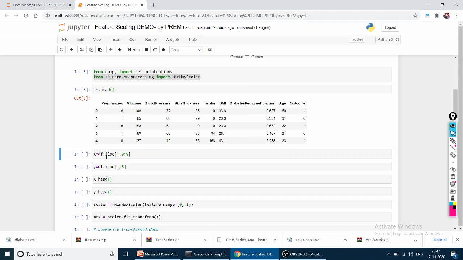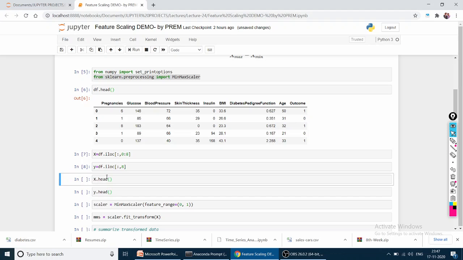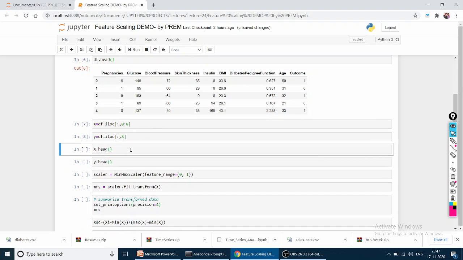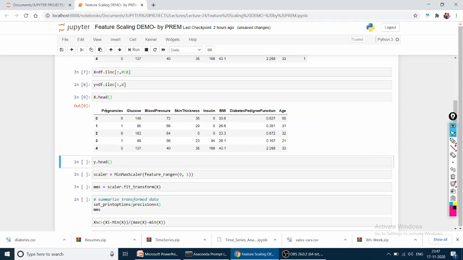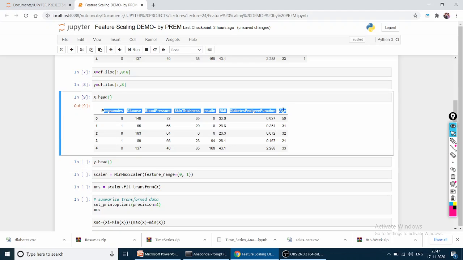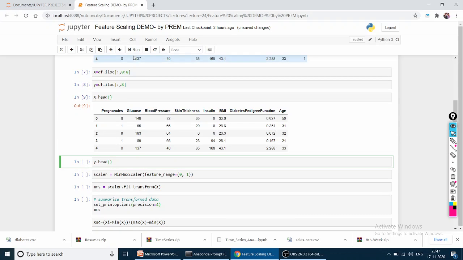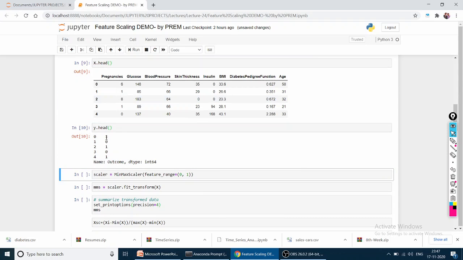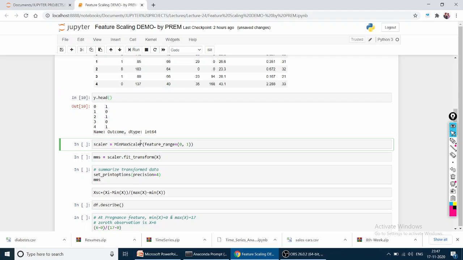Here I divide the entire dataset into two parts, X and Y. X is the input features, only 8 features, and Y is the target feature. Here I am applying the min-max scaler on the range between 0 to 1.